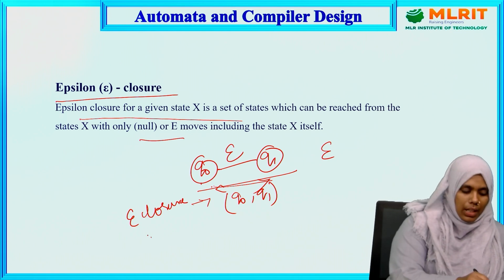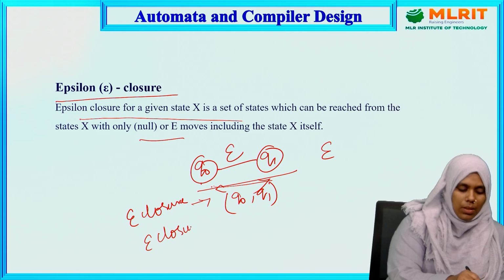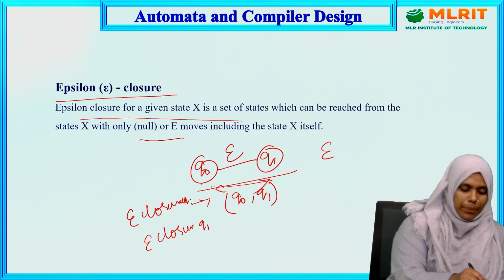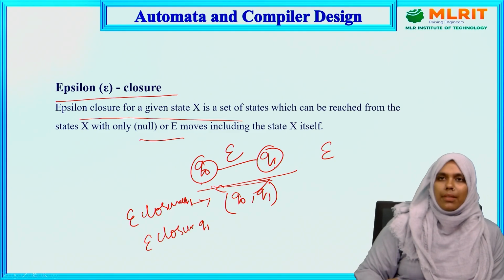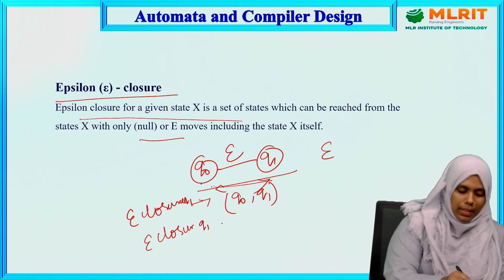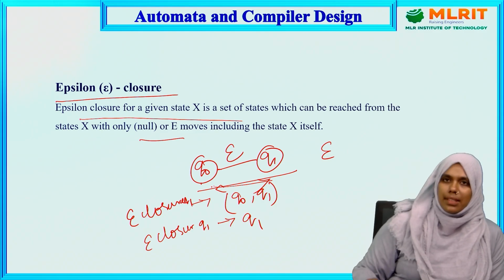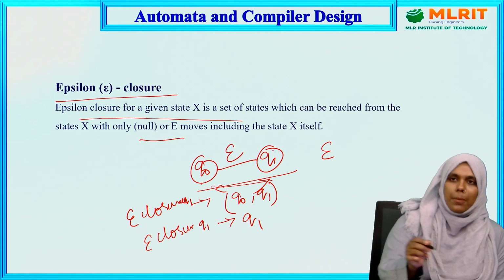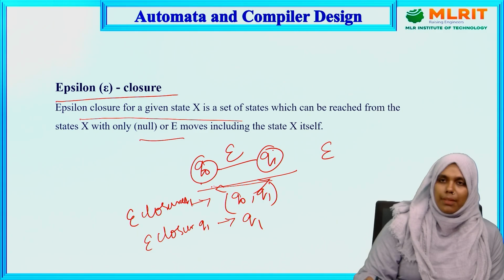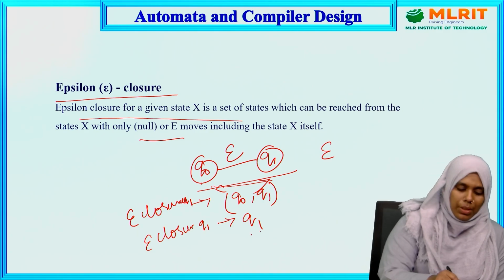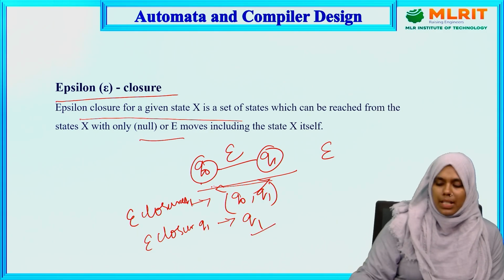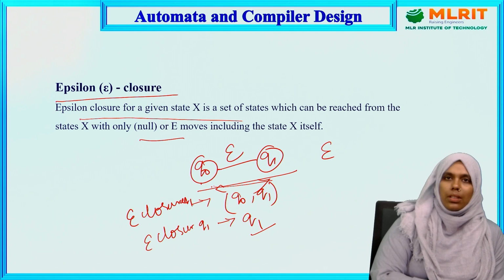In the same way, epsilon closure of q1: do we have anything from q1? No. In that case, simply write the present state. We should not write any null state. If we don't have any epsilon transition from the present state, we denote it with the same state. That is the epsilon closure.